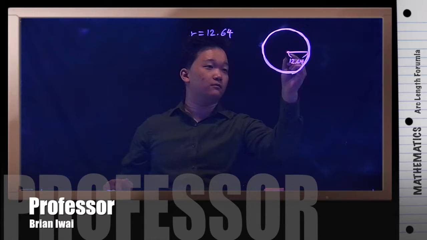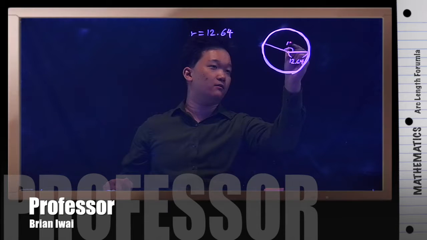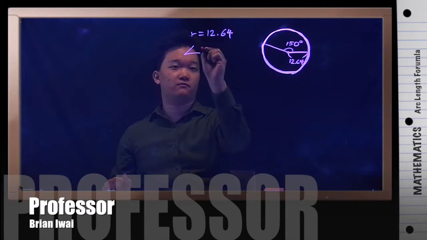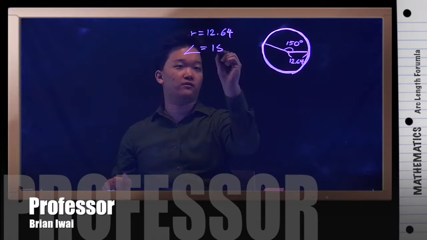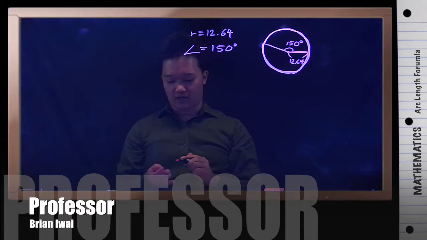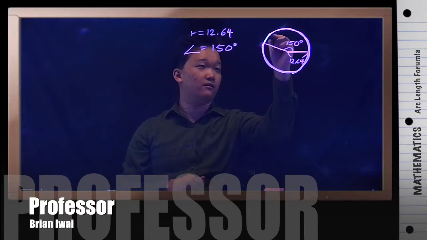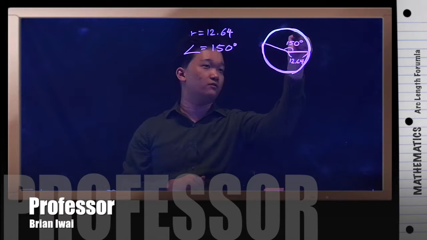So 150 degrees would be maybe about this much. 150, and I'll just write right here, the angle is 150 degrees. So the question is really asking us for the length, the arc length of this portion.